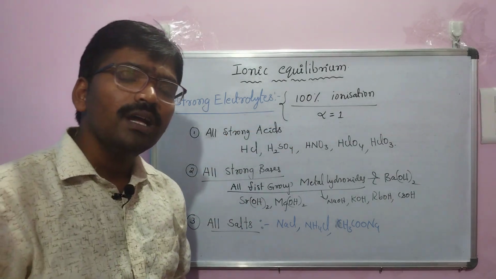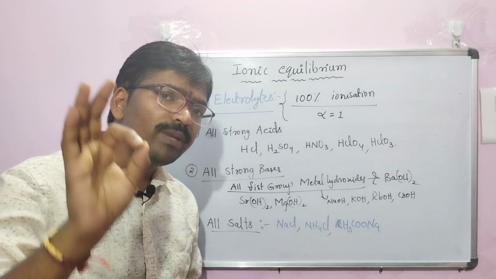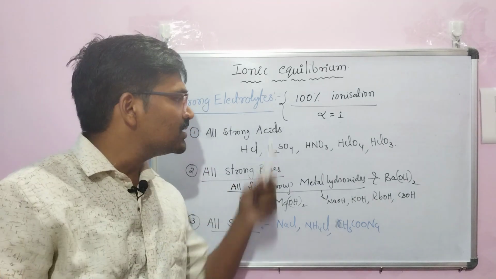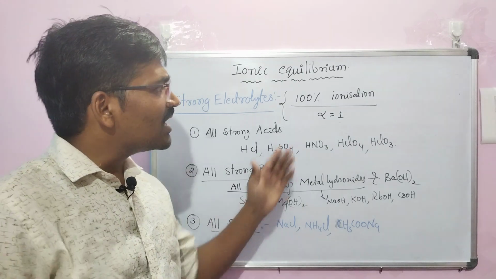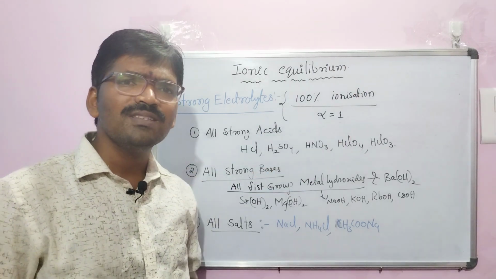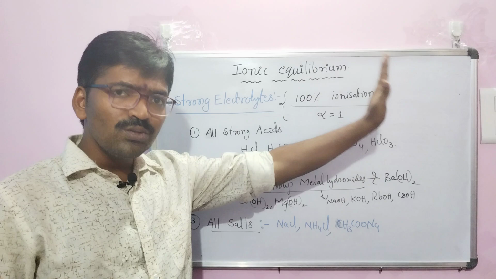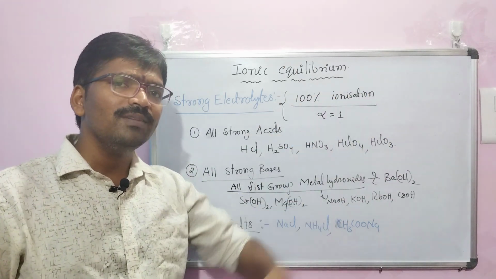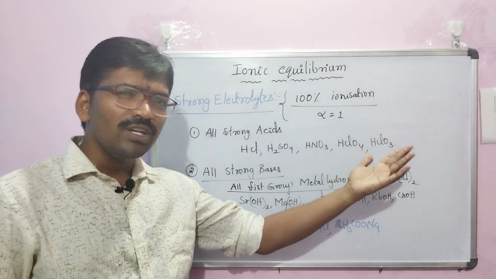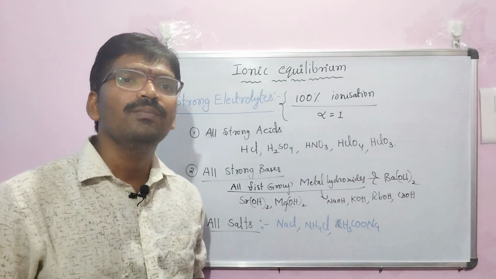So remember that ionic equilibrium is not applicable for strong electrolytes. What is the reason? Because 100% ionization takes place. Once complete dissociation takes place, the ions do not convert into the compound again.